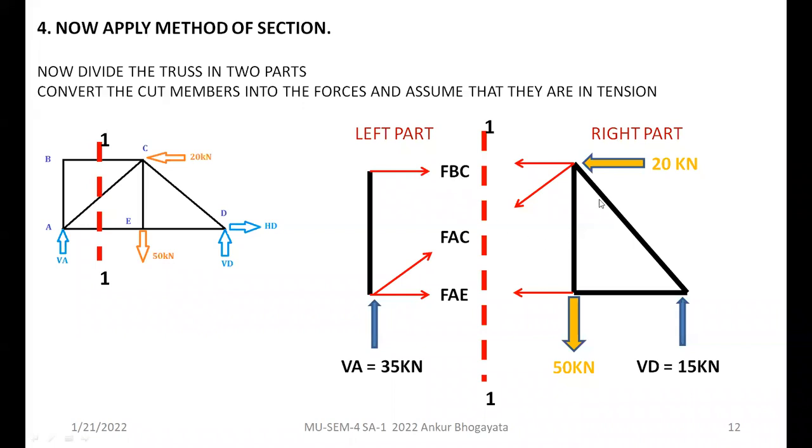Don't show all the members as forces. The members which are being cut are only shown as forces. So here you can see member AB. We have not touched it because it is not being cut by our section. Here from our section, only 3 members are being cut, and only those members we have replaced as the force without changing their geometry, their location, anything. We are just simply representing a member as a force.